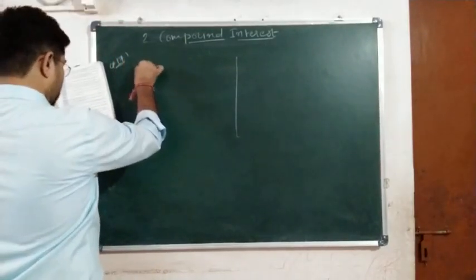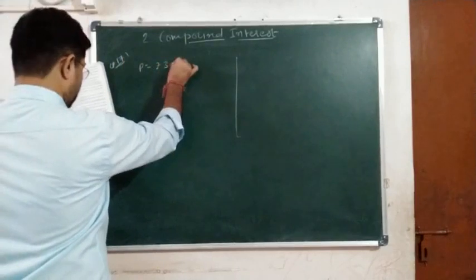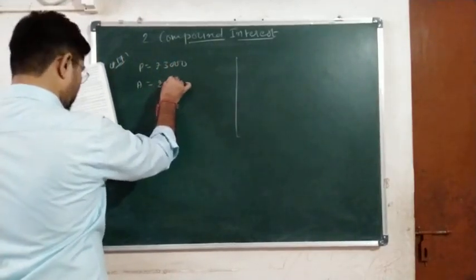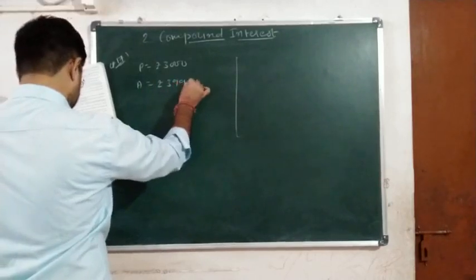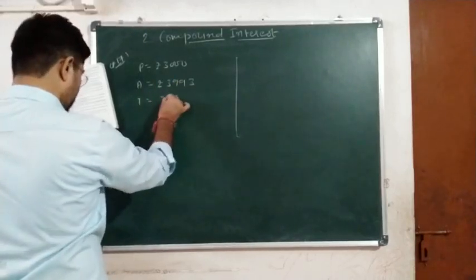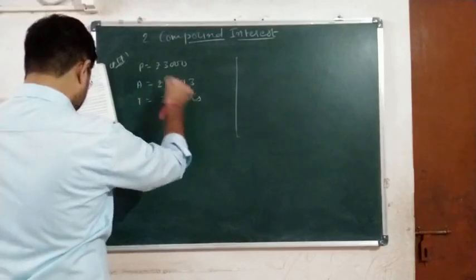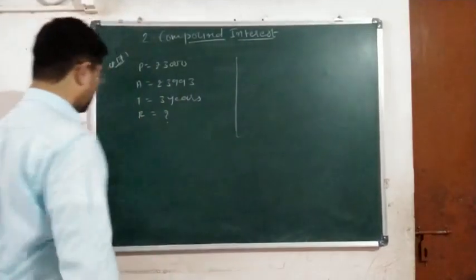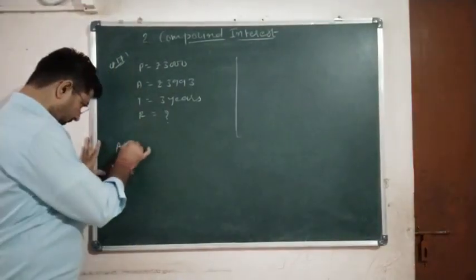Principal is given rupees 3000, amount is given rupees 3993 and time is given to be 3 years. We have to again find the rate of interest. So again we'll put the formula.